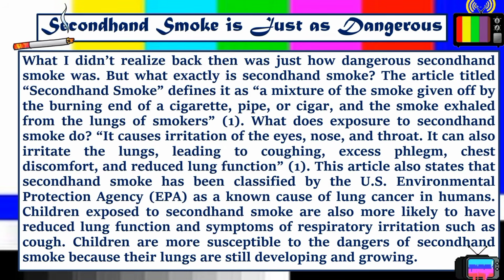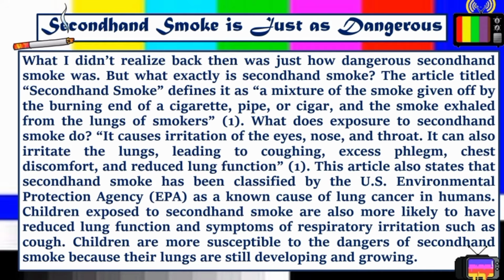What I didn't realize back then was just how dangerous secondhand smoke was. But what exactly is secondhand smoke? The article titled Secondhand Smoke defines it as a mixture of the smoke given off by the burning end of a cigarette, pipe, or cigar, and the smoke exhaled from the lungs of the smokers.